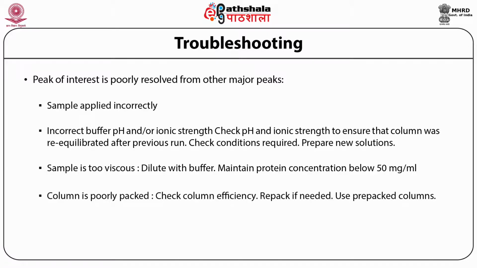So now we should check the column efficiency, and if needed, one should repack the column. It is always good to use pre-packed columns. The other reason could be that the column is overloaded. So we should decrease the sample load in such a scenario.